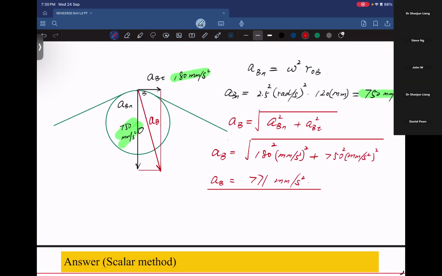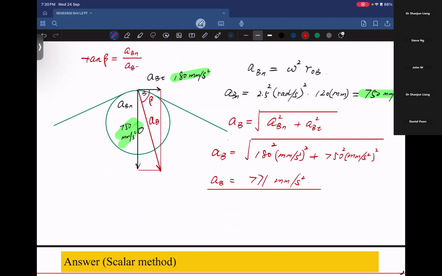So how to find the angle? If we are using the scalar method, what is the angle of AB? We can take the horizontal as the reference, and this angle is beta. Actually, we know tangent beta is ABN over ABT.